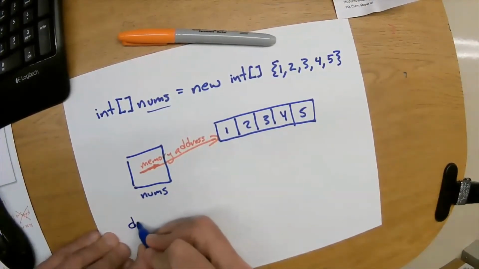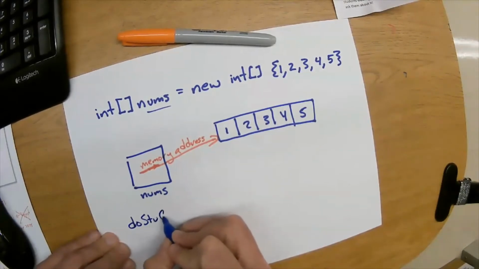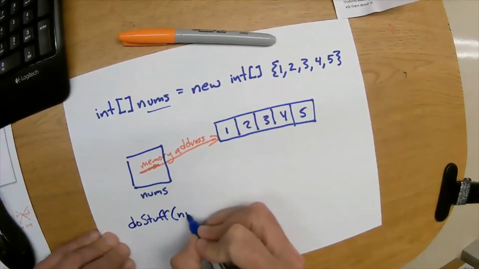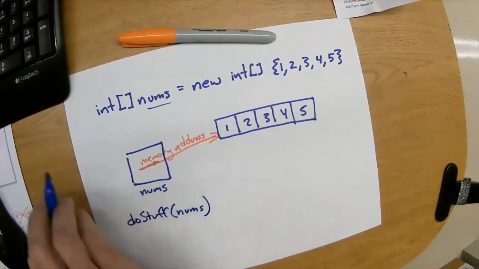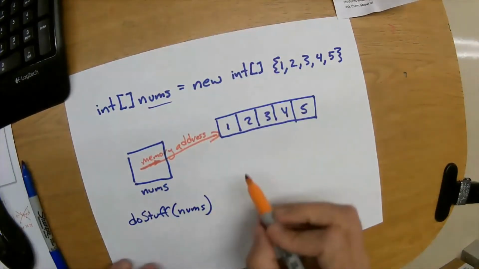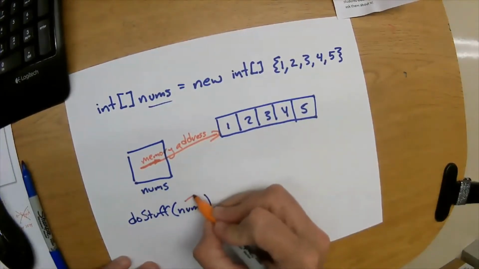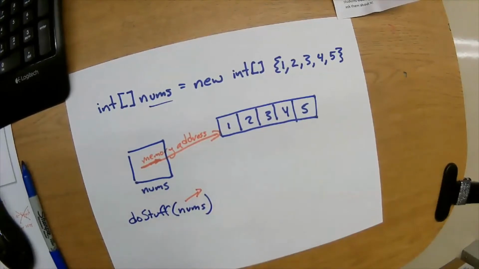Well, when we have a function where we want to do stuff, and we send nums off to it, we didn't actually pass this list of numbers. What we did is we passed that arrow along.